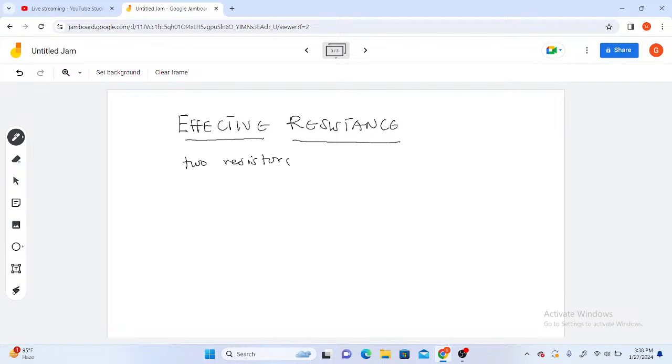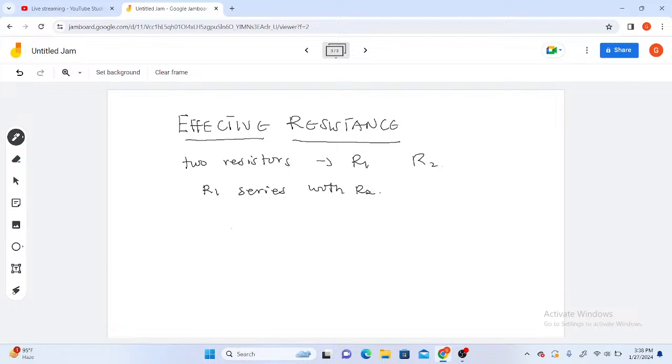So if I have two resistors, that is R1, R2, and they are in series, how do I find the effective resistance? So if R1 is in series with R2, we want the total resistance across these two resistors.